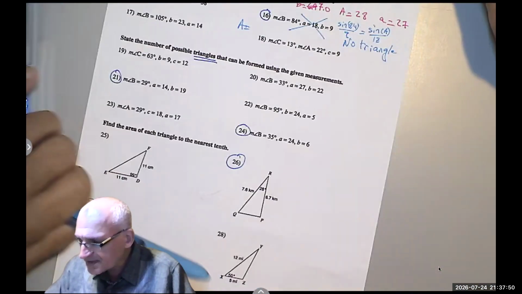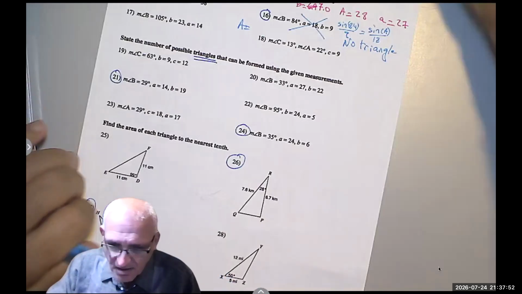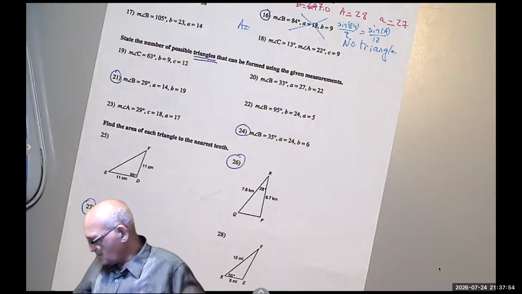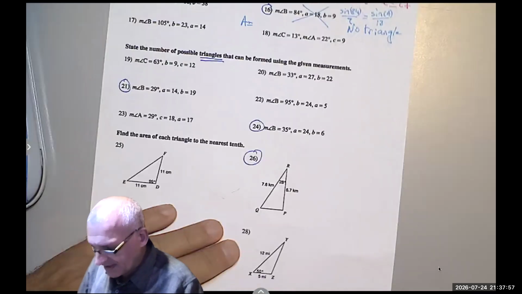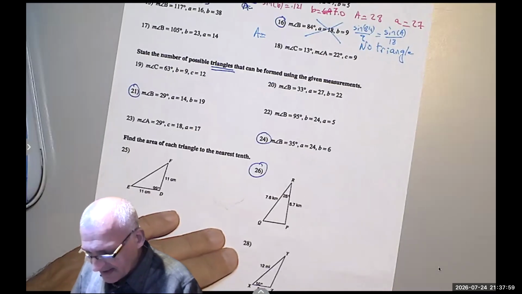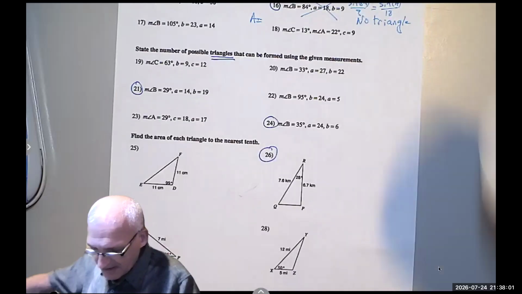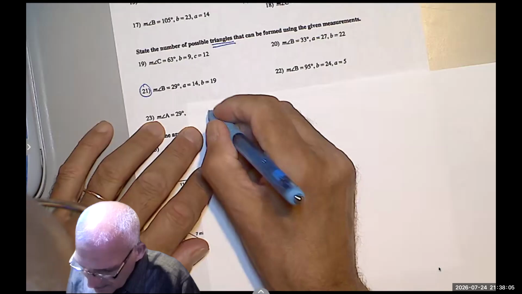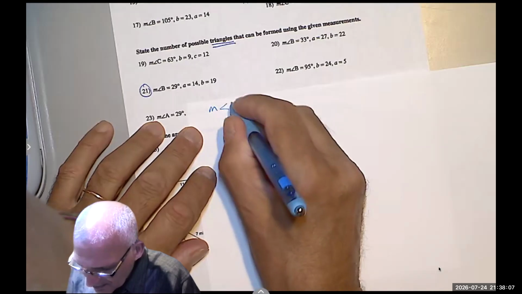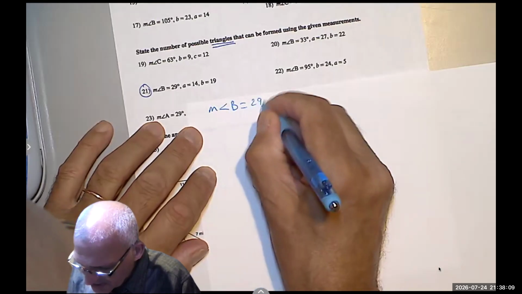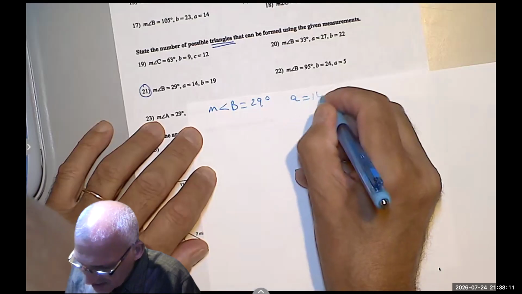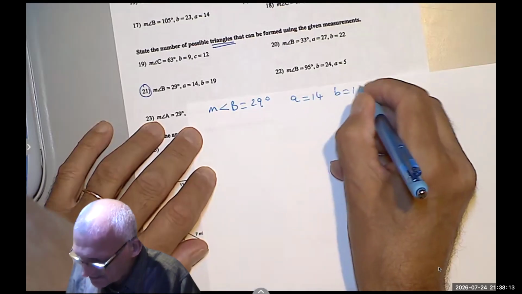You get a piece of paper. Then I have a blank one here. Okay, so the first one, they give you the measure of angle B is 29 degrees, A is 14, B is 19.